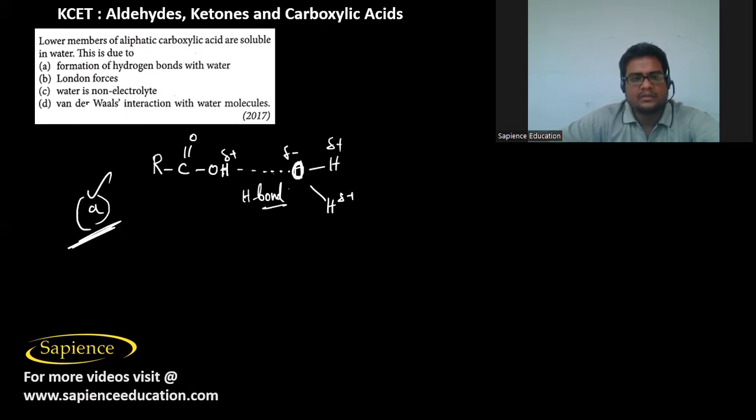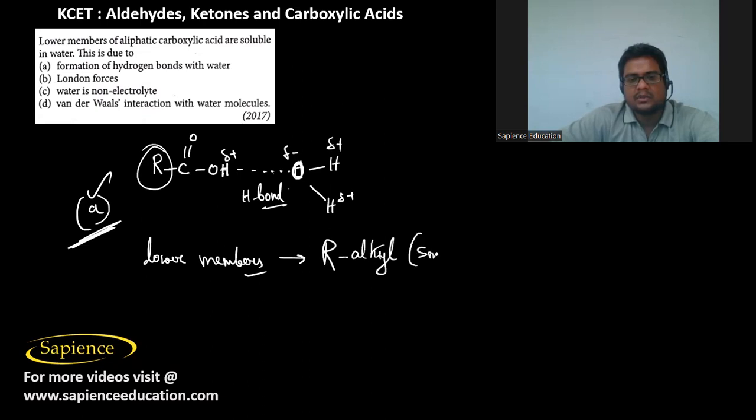Here, why it is told lower members? Lower members means that this alkyl group should not be very long chain. This alkyl group which is attached should be a small chain. It should not be very long chain, so it should have a small chain alkyl group.